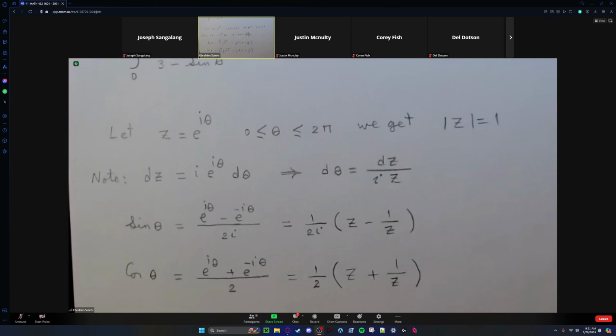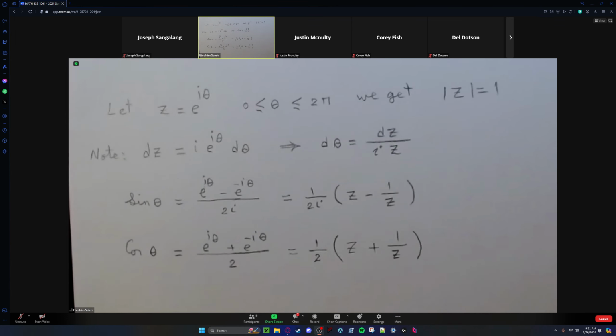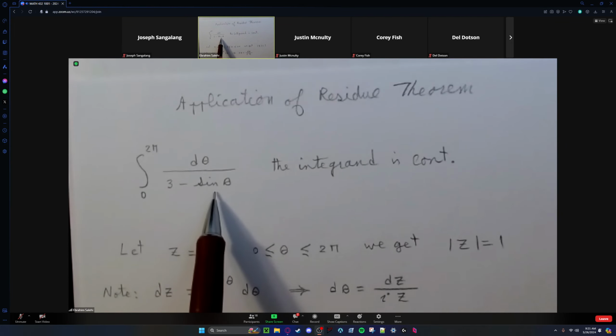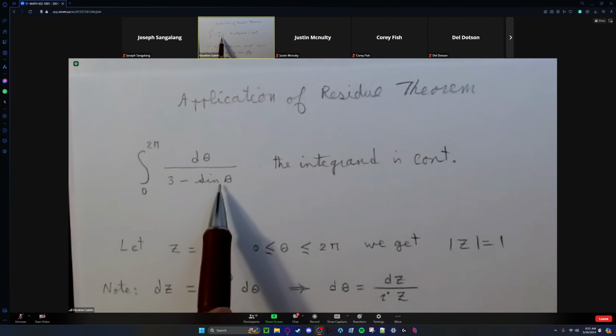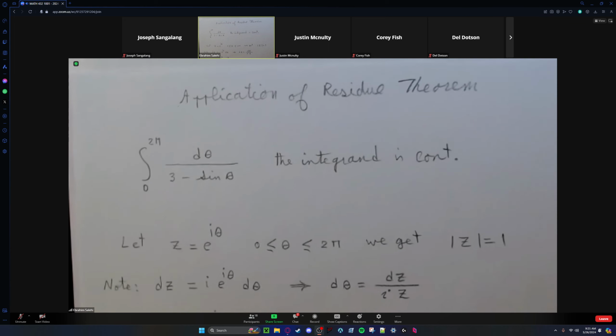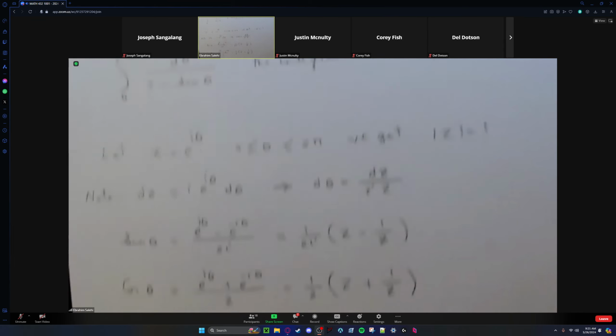Okay? Could we have an integration with cosine of 2 theta or sine of 2 theta instead of just sine theta and cosine theta? Sure, we could.